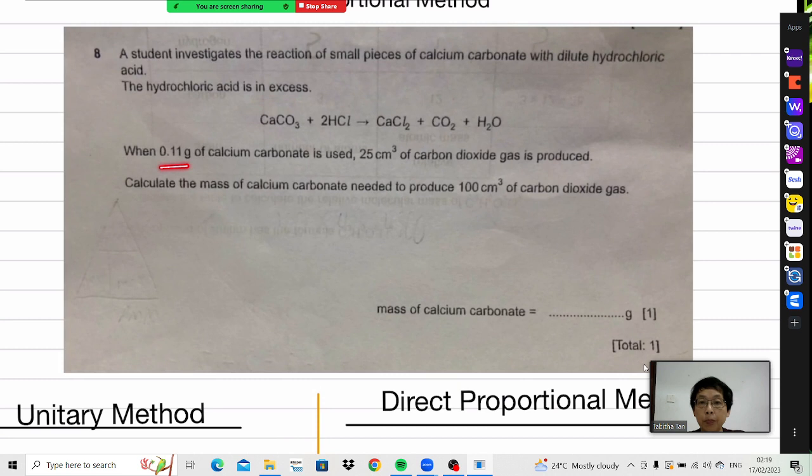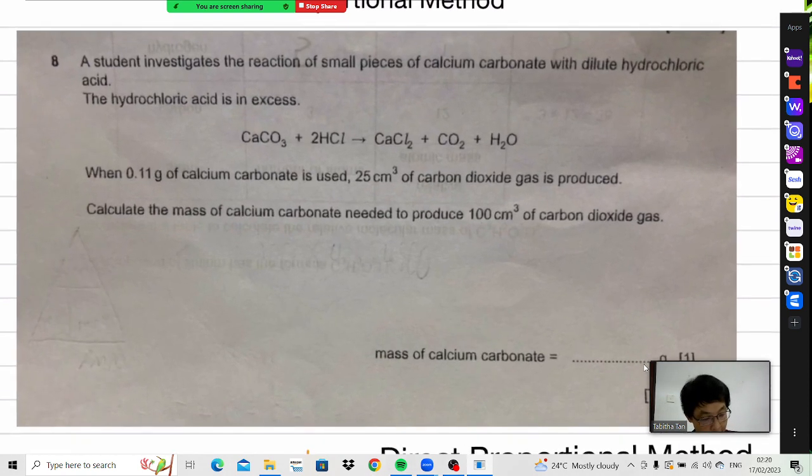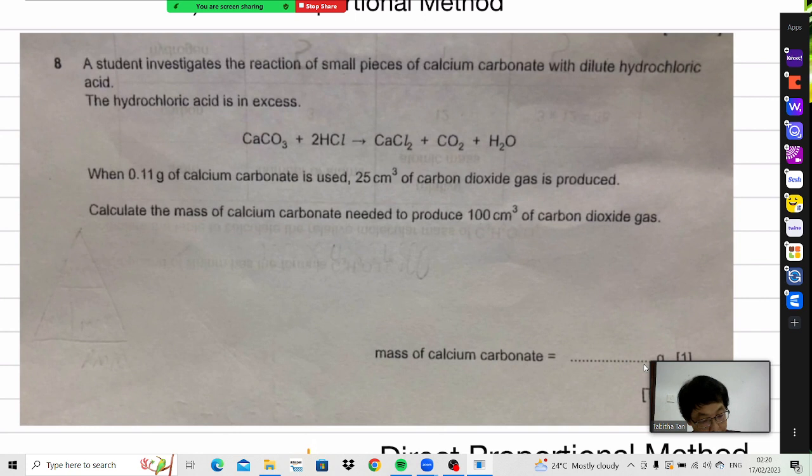0.11 gram of calcium carbonate is used to produce 25 cm³ of carbon dioxide gas. Calculate the mass of calcium carbonate needed to produce 100 cm³ of carbon dioxide. If I just want to make things easier, I can translate that here.